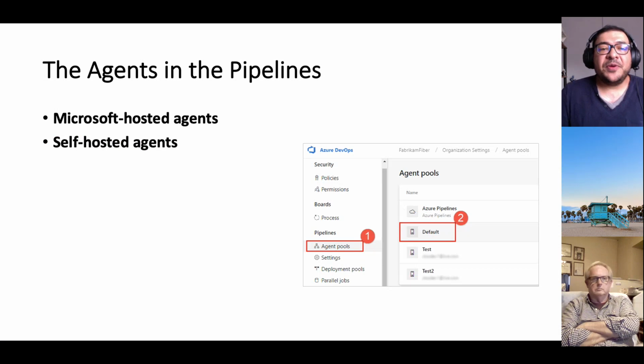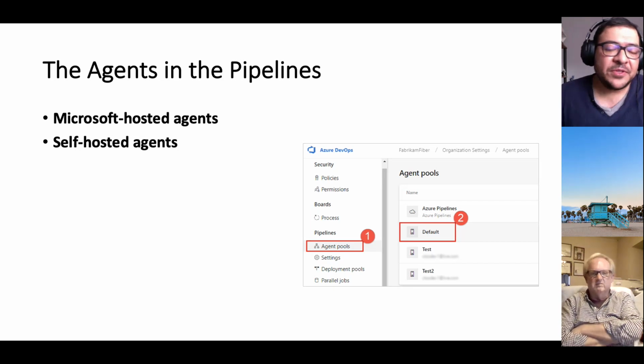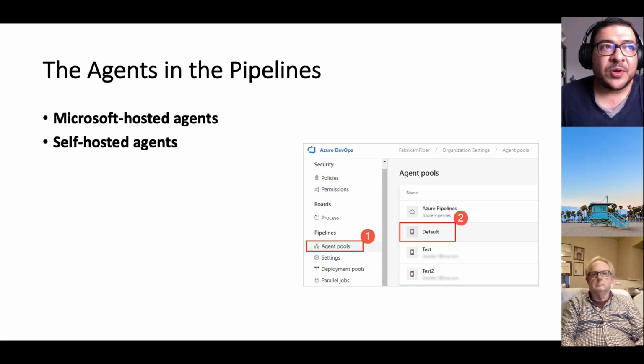Right now, we will discuss a little bit about the agents in the pipelines. The tool itself has these machines, which, if you see it, are virtual machines that let you run your agent, which is the connection to the pipeline software that lets you do whatever task you are asking them to do.